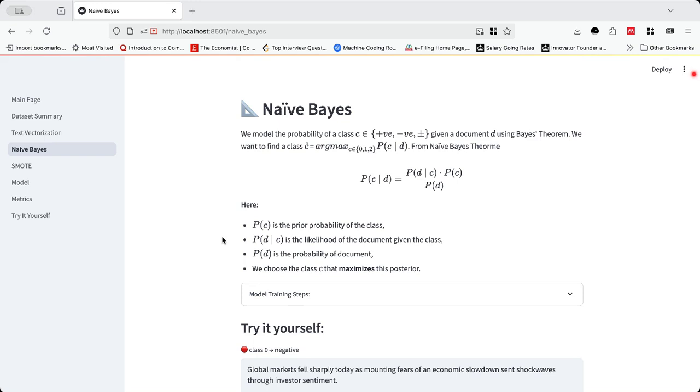Another point to note is that there is a subtle difference between how I'm using the term word here. Before we calculate the word count or the term frequency, we process the document a little.